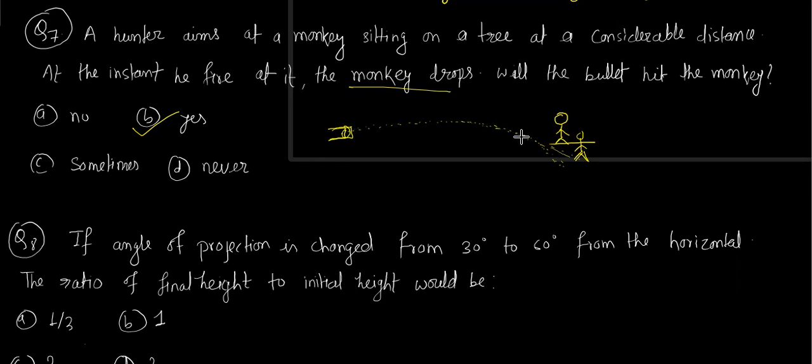That means the bullet shows a certain downward drop while it is close to the monkey. That's why there is a great chance to hit the monkey.